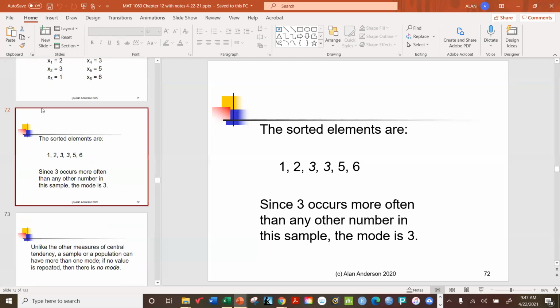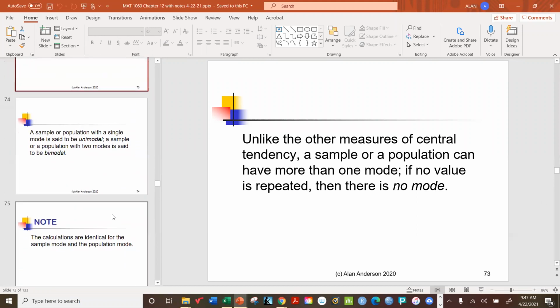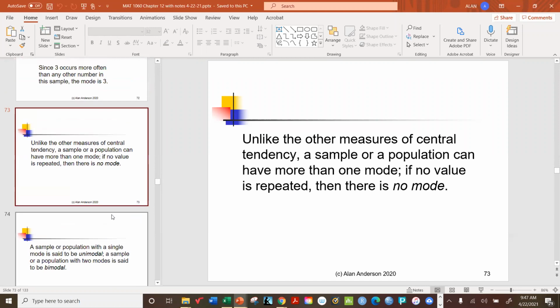Okay, now, here's where it gets a little strange though. What happens is that with the mode, unlike the mean and the median, we can run into situations where there isn't one. How would that happen? Let me show you an example of this.